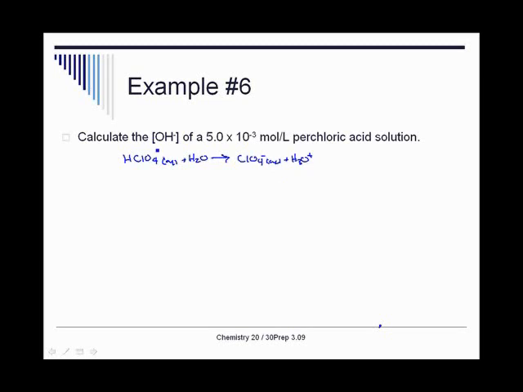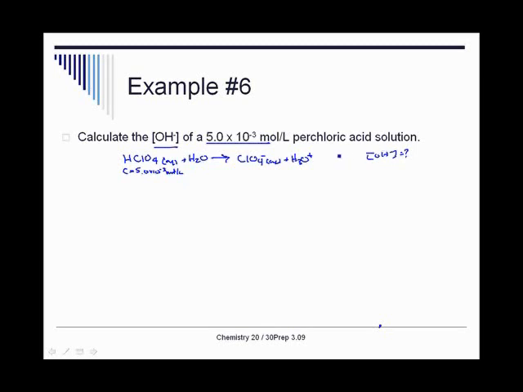And now we want to find out the concentration of hydroxide when we have a 0.5 mole per liter solution of perchloric acid. And so they actually gave us a concentration of this, 5.0 times 10 to the negative 3 moles per liter. And we want to find the concentration of hydroxide ions.